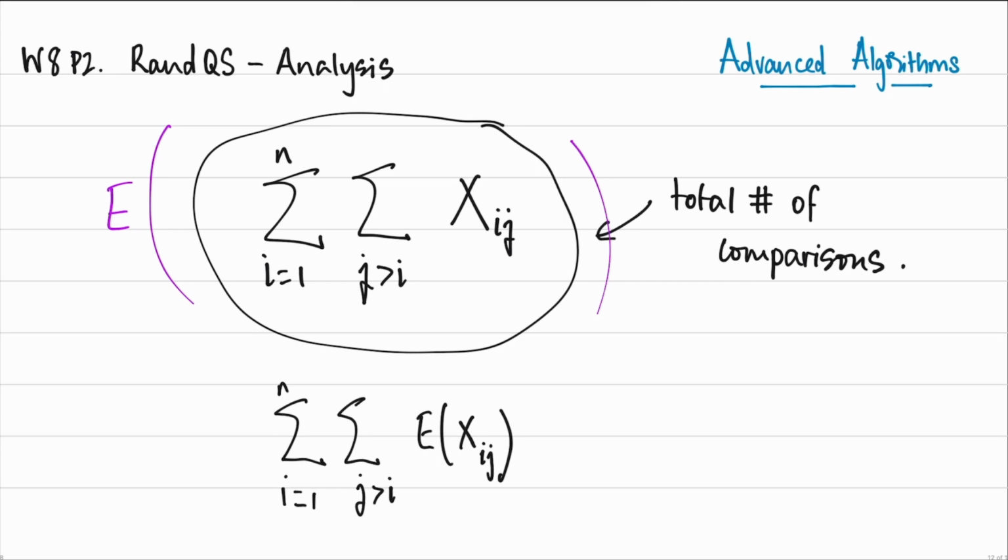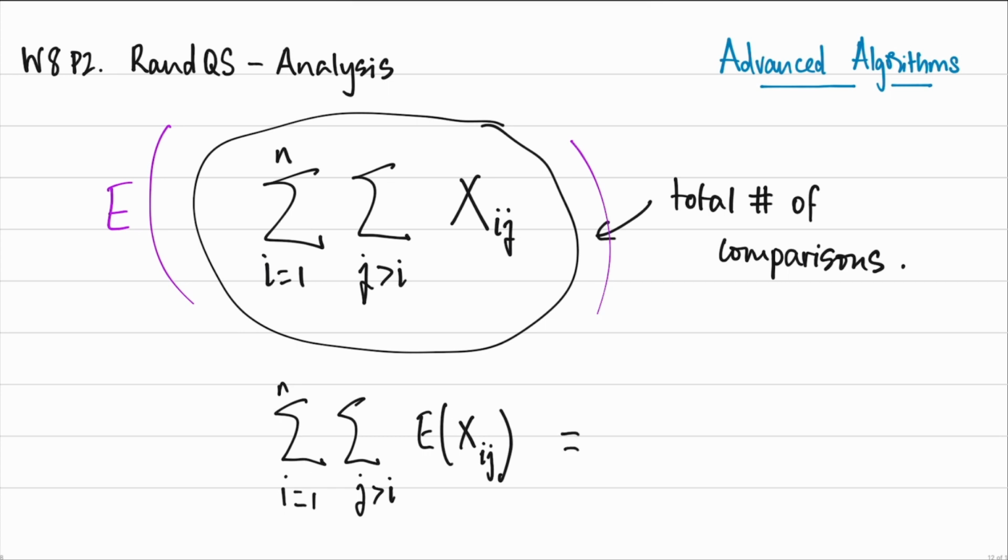So really what we want to understand is the expected value of Xij, but notice that Xij is basically an indicator random variable taking values 0 or 1 with probability, let's say pij, where pij denotes the probability that i and j, or the ith ranked element in S, gets compared with the jth ranked element in S. So that's what we care about.